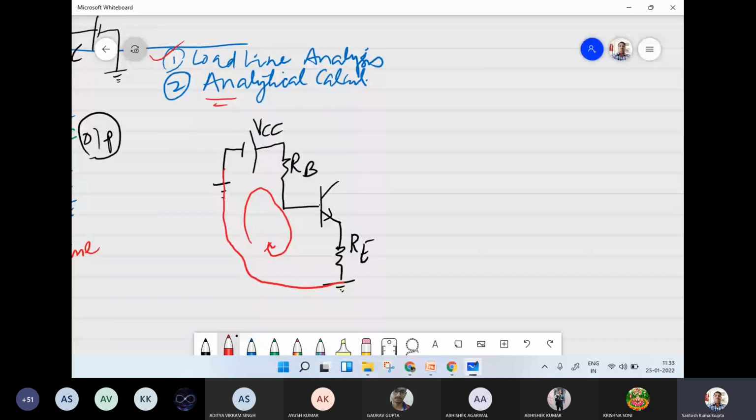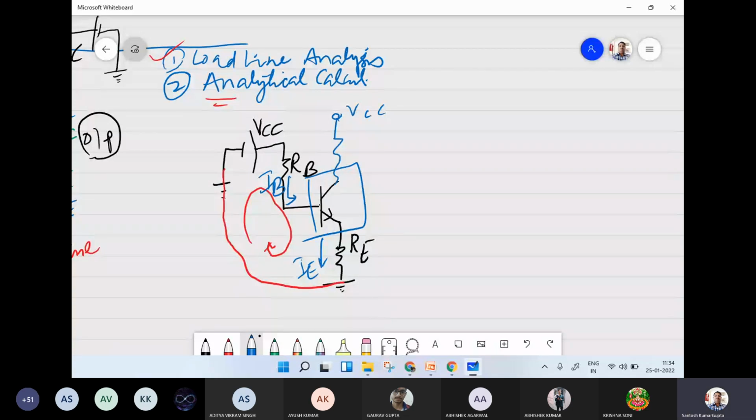In the simple network, the same current flows through a loop, but in this case, because of this unique transistor which is placed here, the current through the base, which is IB, and through RE, which is IE, cannot be the same. Although IB and IE fall in the same loop, because of the transistor action, IB and IE are not equal.